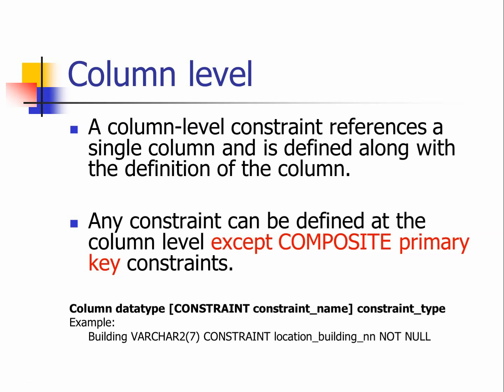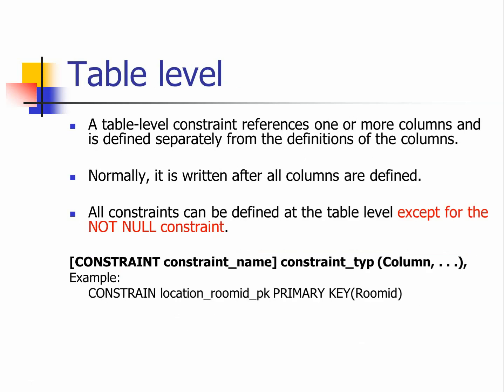Therefore, if you are creating a composite primary key for the table, it has to be defined at the table level, indicating that you have defined all the columns already, and now it is time for you to specify the composite primary key. For the table level, you can create all kinds of constraints except not null.